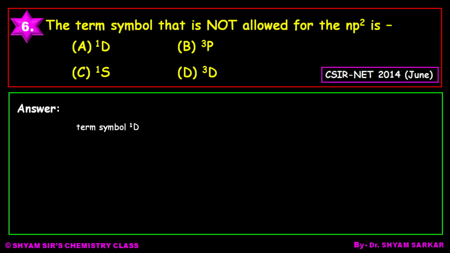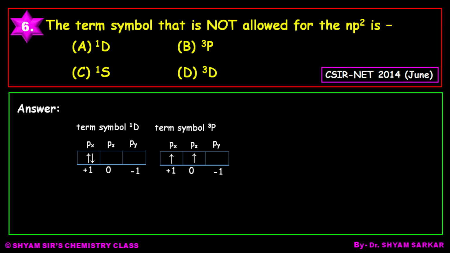When L equals 2, the symbol is D. If you put 2 electrons in the px orbital subshell, you will have 1+1, that means total L will be 2. Like this you can do for the other 3 options also. For 3P, the electronic configuration will be like this, and for 1S like this, and for 3D like this.